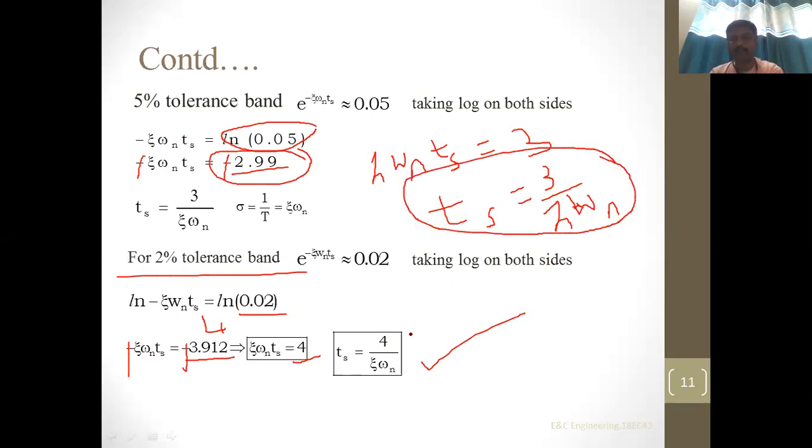Ts is equal to 3 by xi omega n, or Ts is equal to 4 by xi omega n. Both can be considered, but in the problem, the tolerance band is specified. Based on the availability of the tolerance band, you need to decide whether to go for 3 by xi omega n or 4 by xi omega n, for 5% tolerance or 2% tolerance. And this is the expression for settling time.